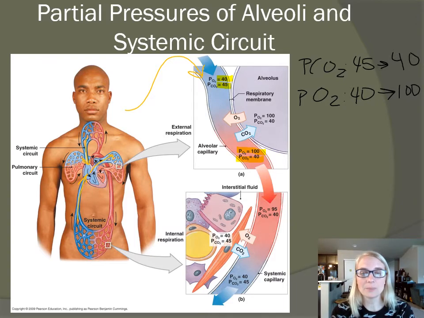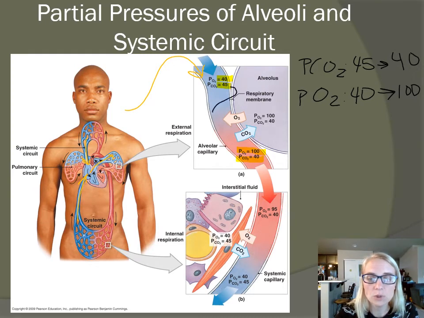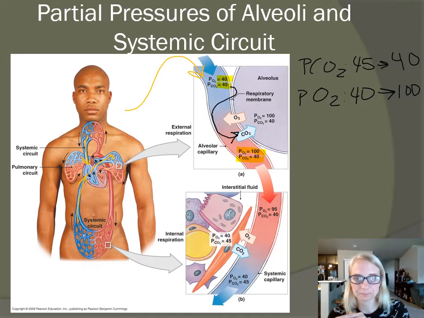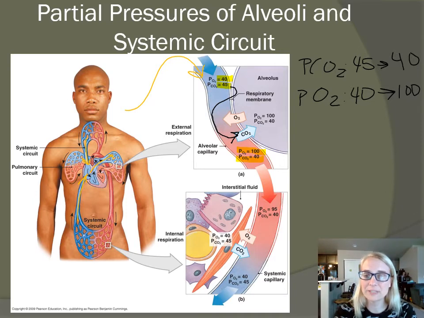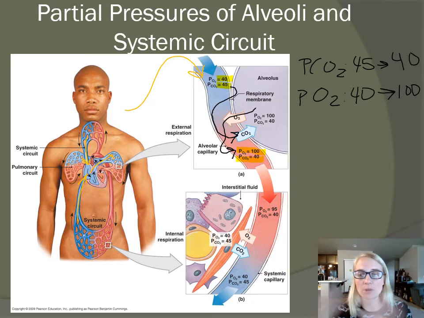So that means something happened to 5 partial pressures of the CO2. It leaves and goes out to the alveoli. And then if we take a look at the oxygen, it goes in and we are gaining a lot of oxygen in this partial pressure.